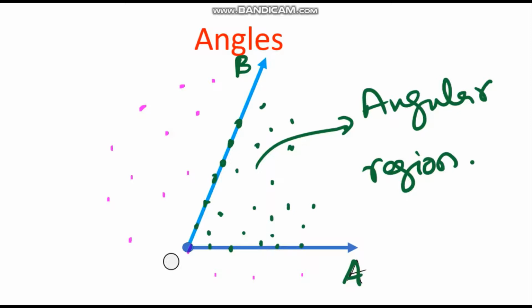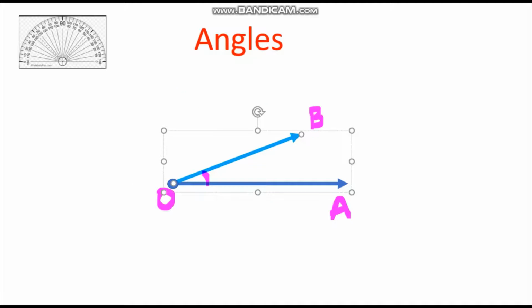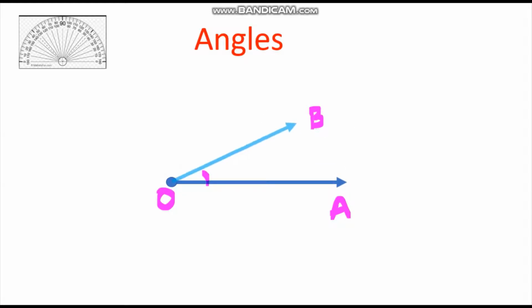Now see children, you can see that if we keep OA constant and move this OB, you will see that we have different types of angles. Now see here, this is moving, and when it becomes straight, this gives you 90-degree angle.